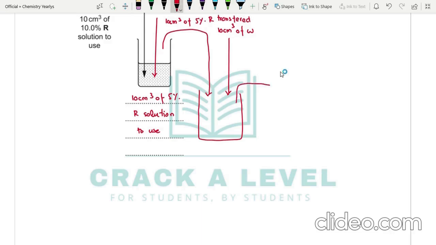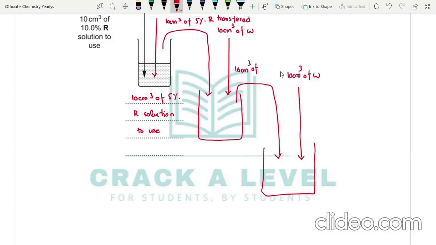Now we are going to be making another beaker in the same way. This will become 10 cm cube of W, and then this will become 10 cm cube of 2.5% R transferred. Actually I did not label this first one, so this will be 10 cm cube of 2.5% R solution to use.